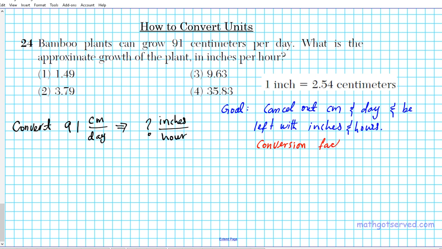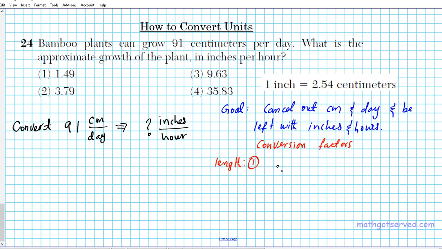If you take a look at your reference sheet, one of them is provided for you. Let's take a look at length first. For length, we're looking at centimeters and inches. On your reference sheet, you will see that 1 inch is 2.54 centimeters. So how do we express this as a conversion factor?